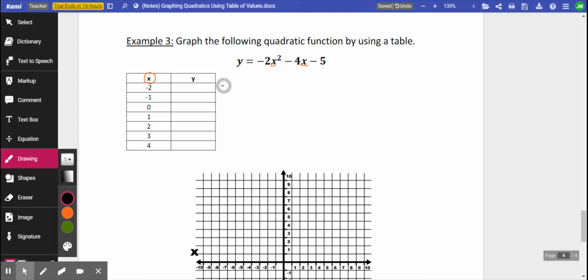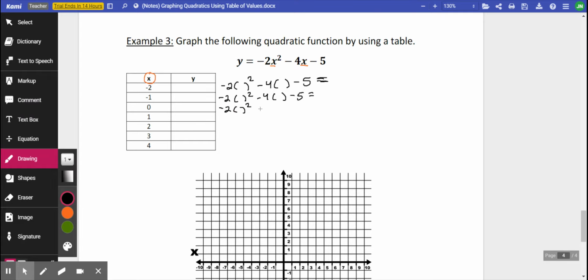The first one is going to be -2 times blank squared minus 4 times blank minus 5. Remember, everywhere that I see an x, I'm going to put a little blank because I'm going to be plugging in the value of x from the table. The next one is -2 times blank squared minus 4 times blank minus 5. Same thing, next one.